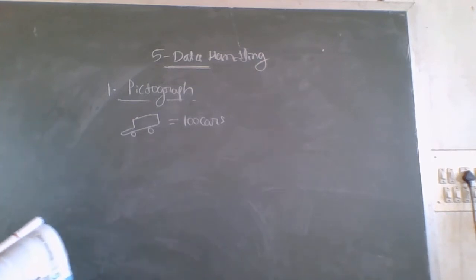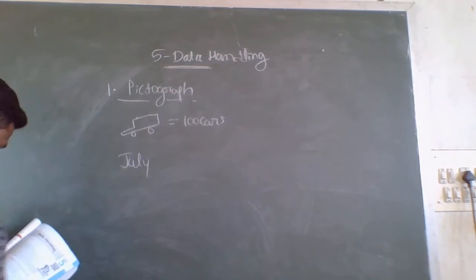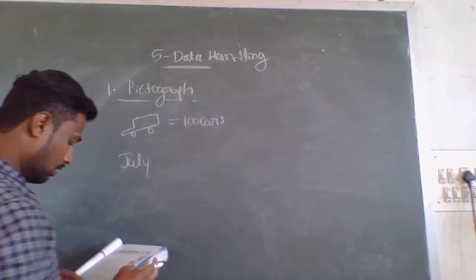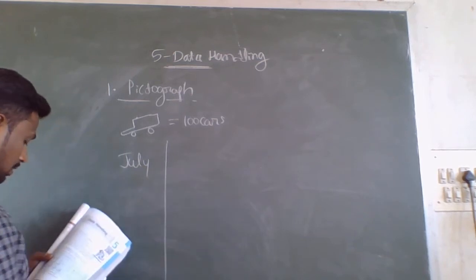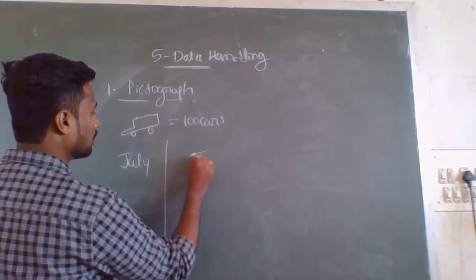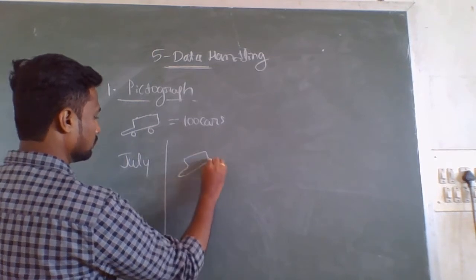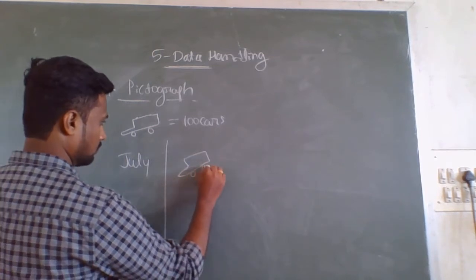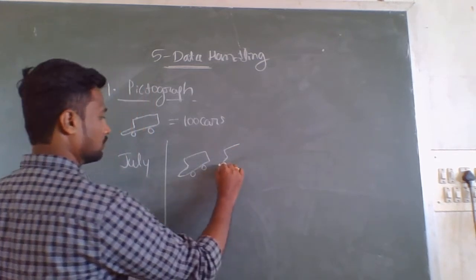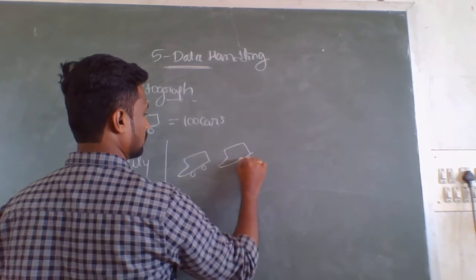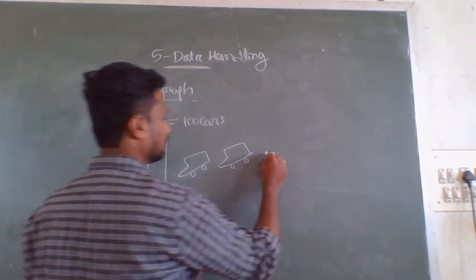So here, in July, they are given 2.5 cars. In July, 2.5 cars means one complete car, two complete cars, and one half car.